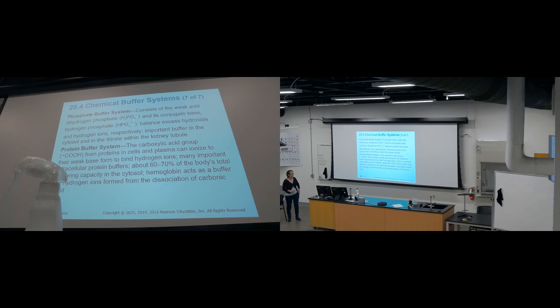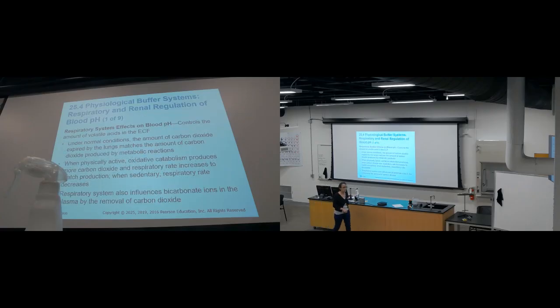Hemoglobin is one of these buffer systems. It accepts hydrogen ions, and it can work together with the carbonic acid system to control pH, as we saw before in the respiratory system, where we saw how this exchange happens.